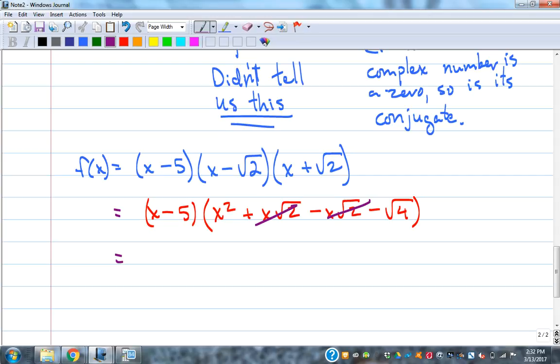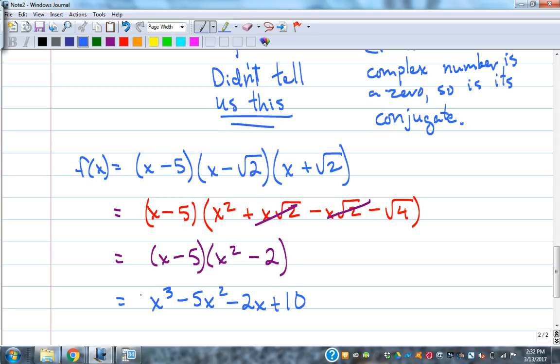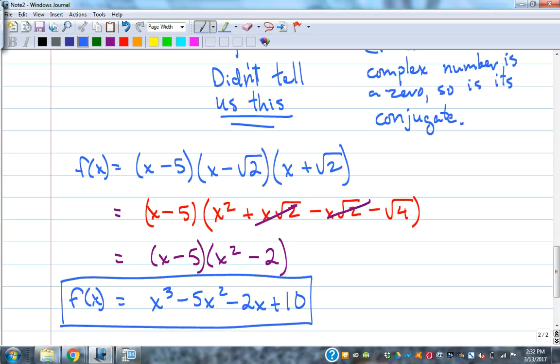Okay? What's the square root of 4? It's 2. So that's x squared minus 2. And then x minus 5. So we've simplified this down to that. And then we can multiply by x minus 5. X cubed minus 5x squared minus 2x plus 10. So there's standard form for that one.